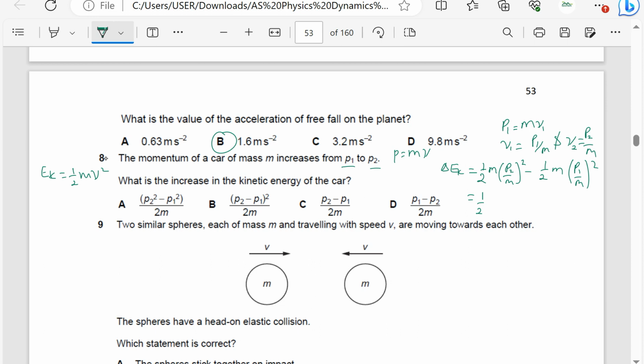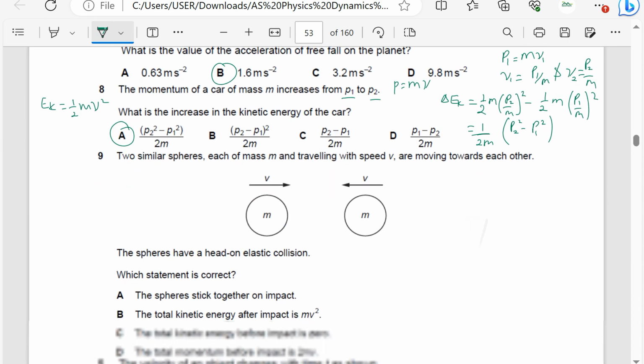M cancels, we shall have an m in the denominator. So we remain with P2 squared minus P1 squared. So the answer here is a half, 1 over 2m into P2 squared minus P1 squared. So that is going to be the change in kinetic energy.